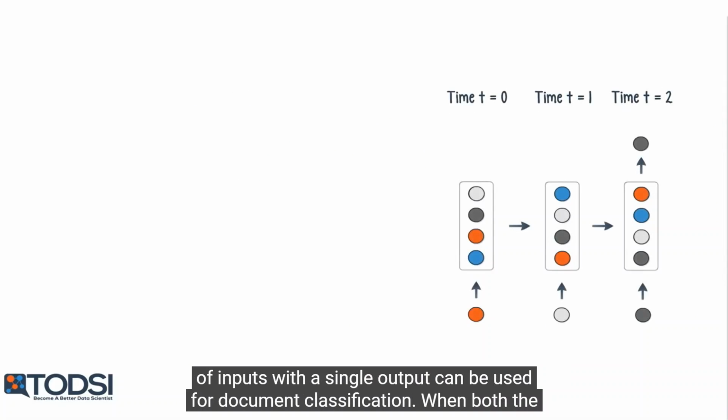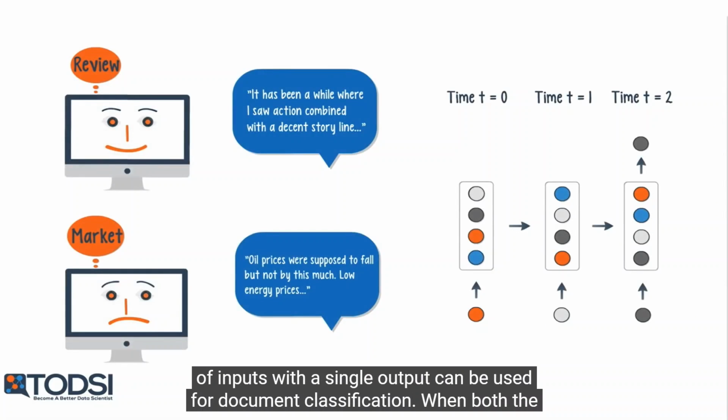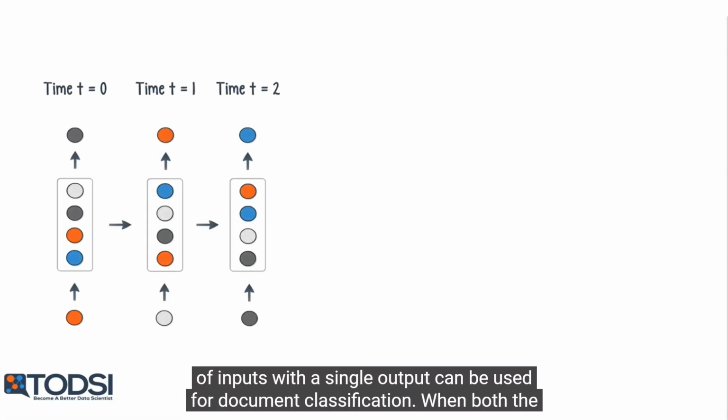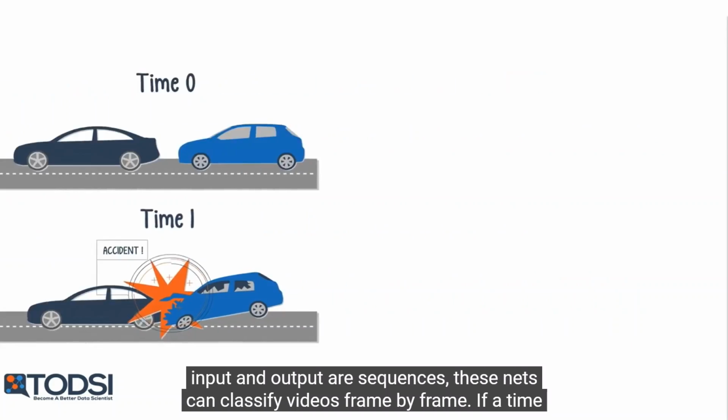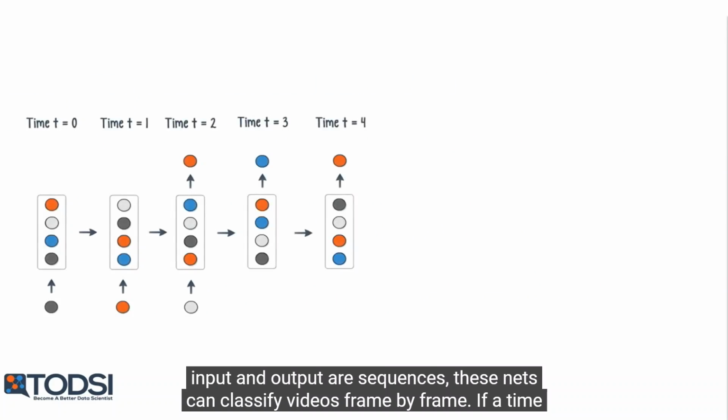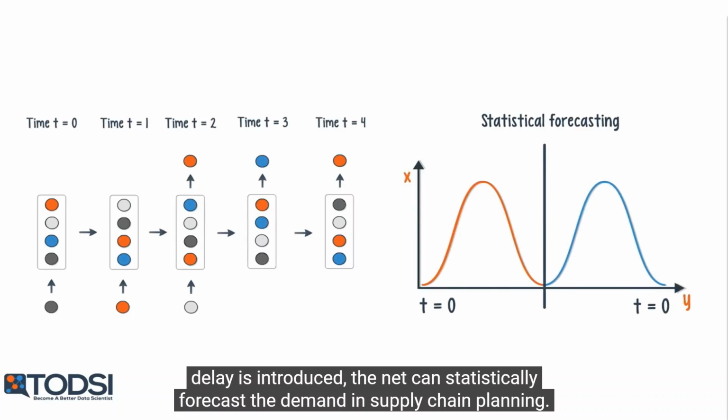A sequence of inputs with a single output can be used for document classification. When both the input and output are sequences, these nets can classify videos frame by frame. If a time delay is introduced, the net can statistically forecast the demand in supply chain planning.